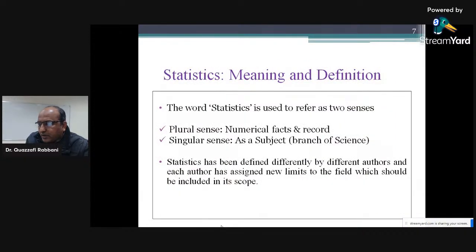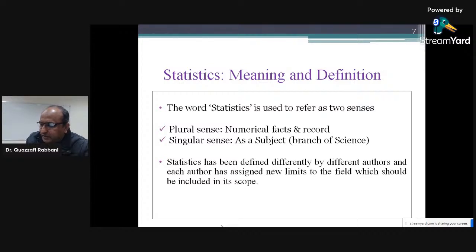Now the next is the meaning of statistics and its definition. The word statistics is used in two senses. In the plural sense, statistics means numerical facts and records, and in the singular sense, statistics is used as a subject, which we are discussing.